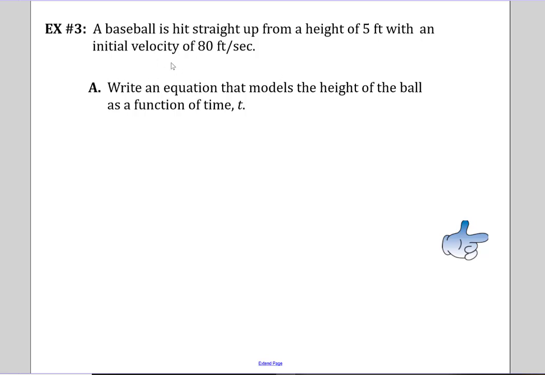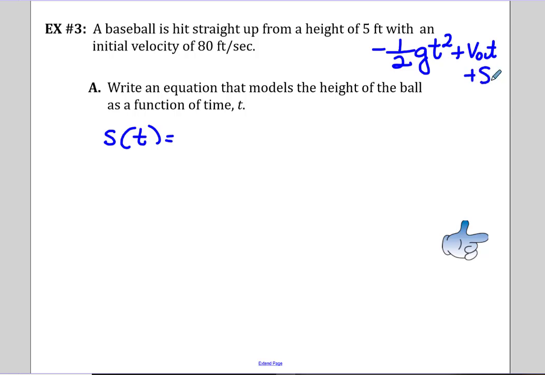So if t is our parameter, then the position of a baseball is going to follow gravity, with feet per second. So the position is 1/2 gravity times time squared, plus initial velocity times time, plus our initial starting height. So that's our position function.